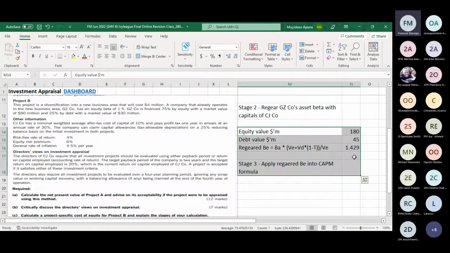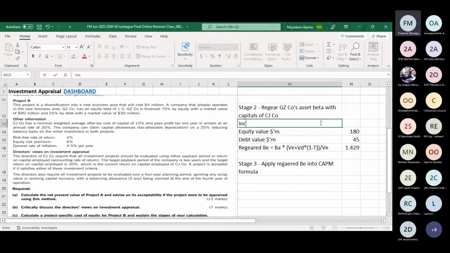So let's state it. What are we doing here? We are incorporating CJCO's financial risk into what? The beta.